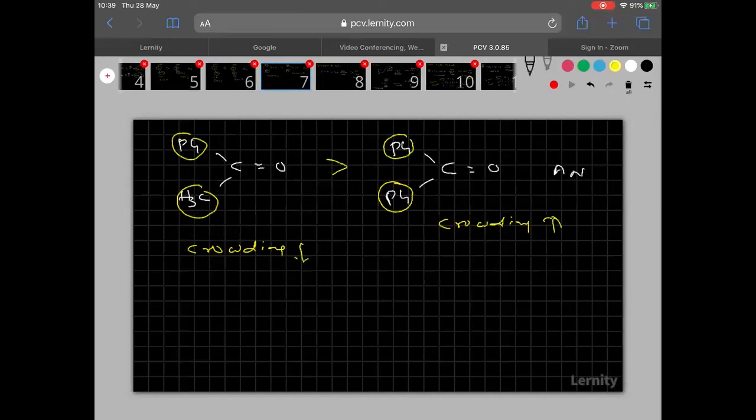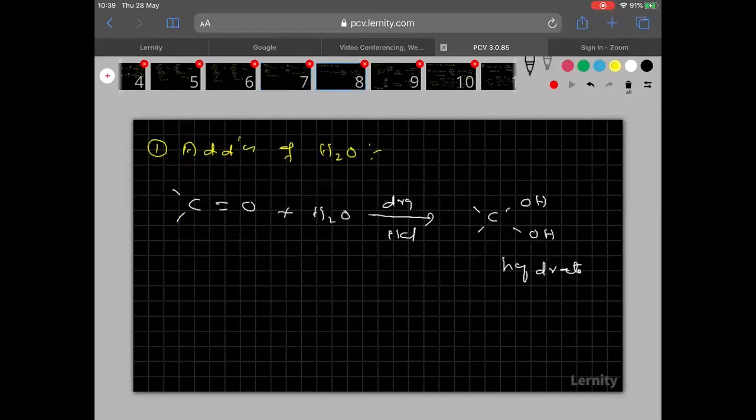Next, seventh one. Next, this is the eighth one.